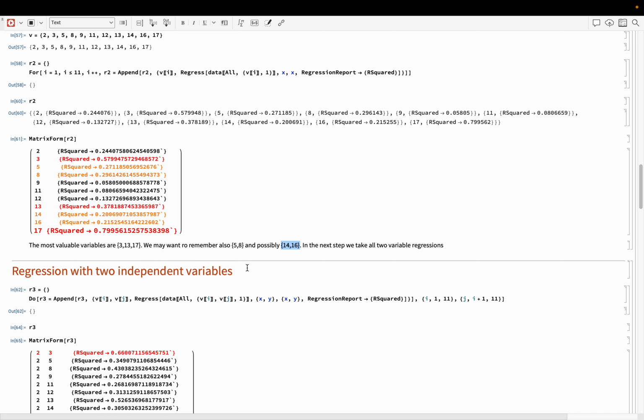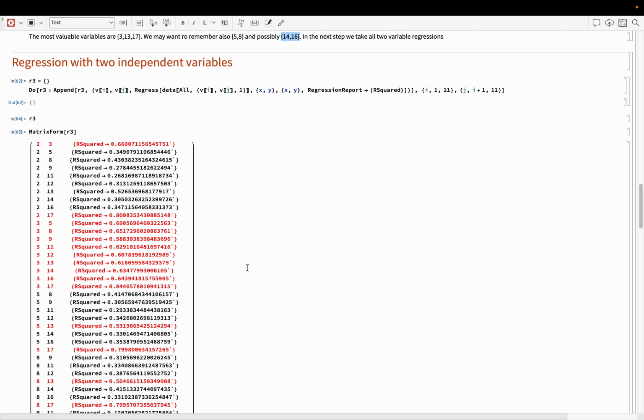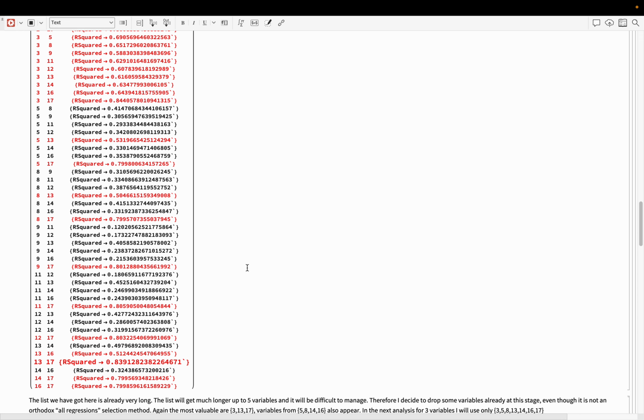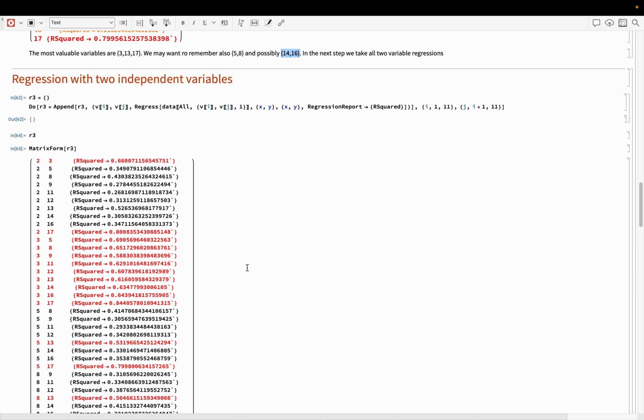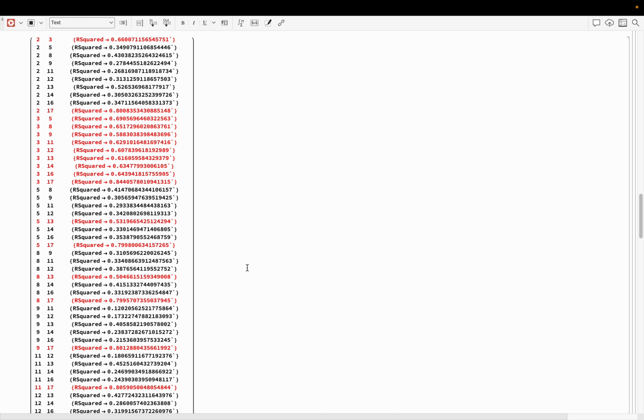Then I proceed to the regression with 2 independent variables. And now let's see how long is the table. Yeah, so of course, it's clear that when I choose one among 11 variables, I get 11 results. When I choose 2 among 11 variables, I have 11 times 10, a very long list.